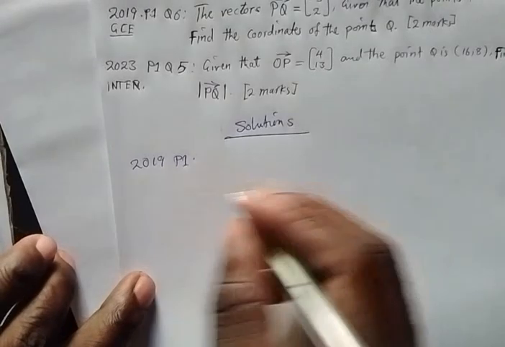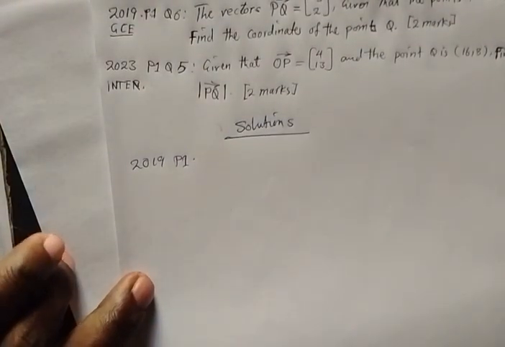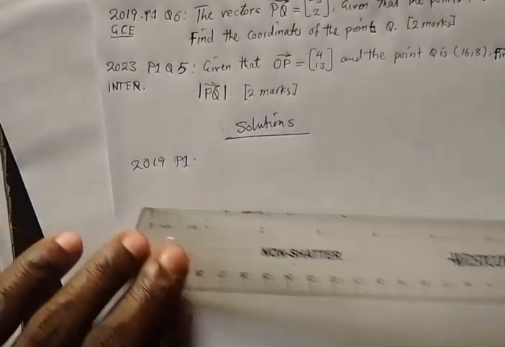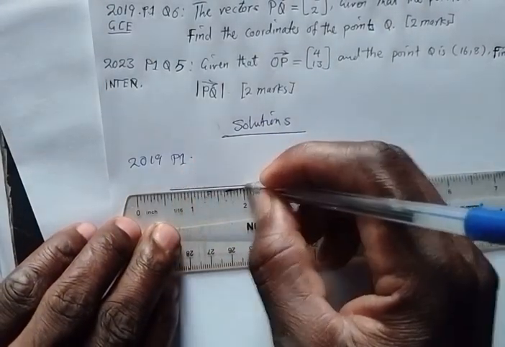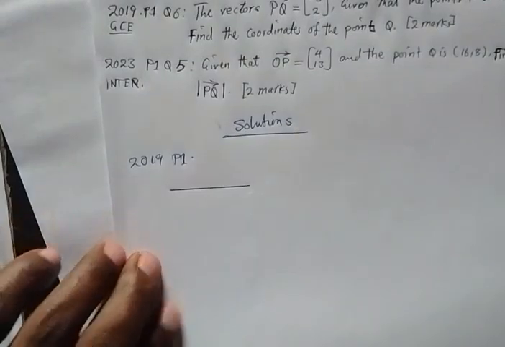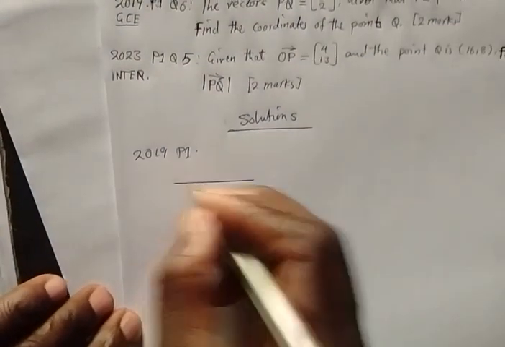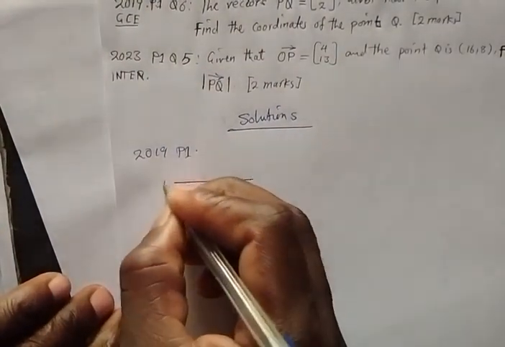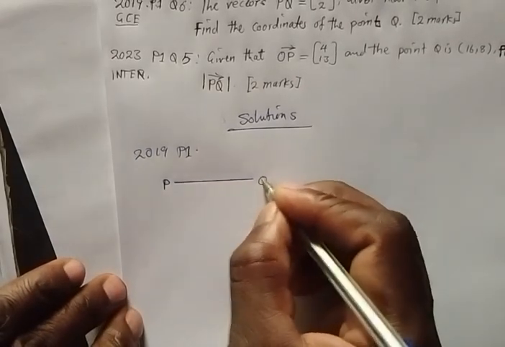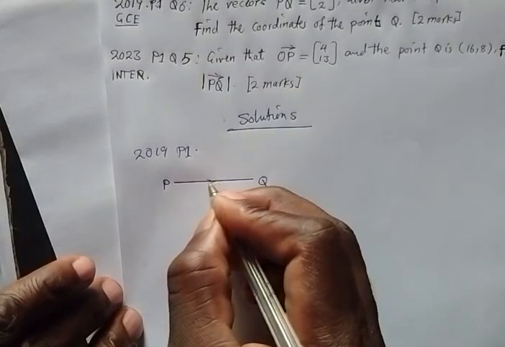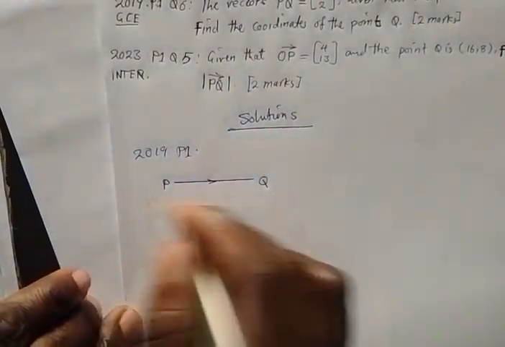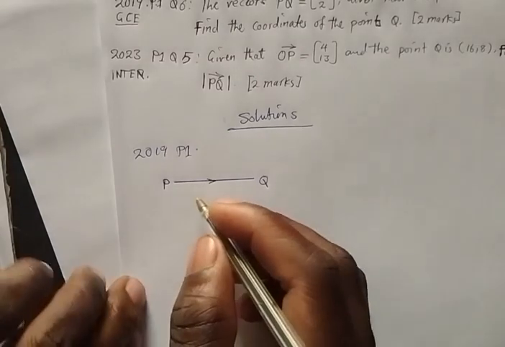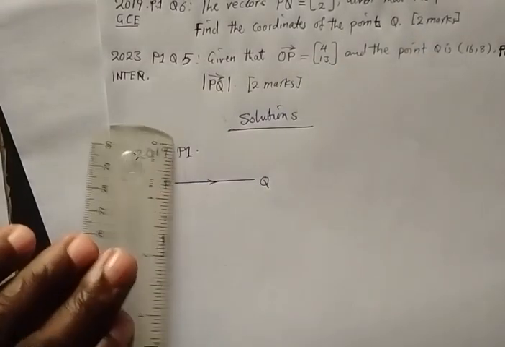We are going to draw a straight line to show the position vectors. So this is the straight line, and we put the points P and Q on this side. So this vector is like this. This is PQ.